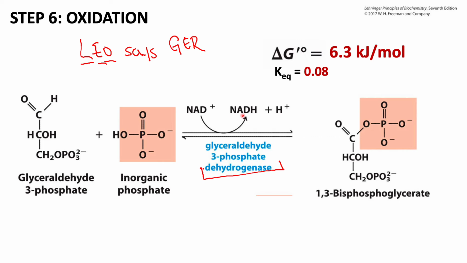So we lose this electron, we get NADH, the phosphate group attaches, and we get 1,3-bisphosphoglycerate. Remember, bis means 2. What do we have 2 of? We have 2 phosphates. And this molecule is referred to as glycerate now instead of glyceraldehyde. This is very important to note here, the nomenclature. So we have 1,3-bisphosphoglycerate. We've made NADH, and this is the enzyme that catalyzed it.